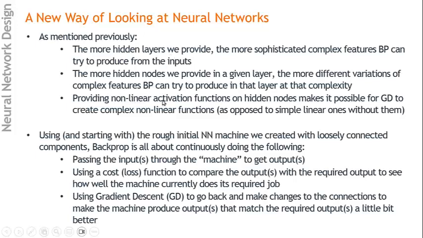Now, providing nonlinear activation functions on hidden nodes makes it possible to create complex nonlinear functions. If you don't have the activation function, then no matter how many layers or how many nodes you have in your neural network, you are just creating a linear function.